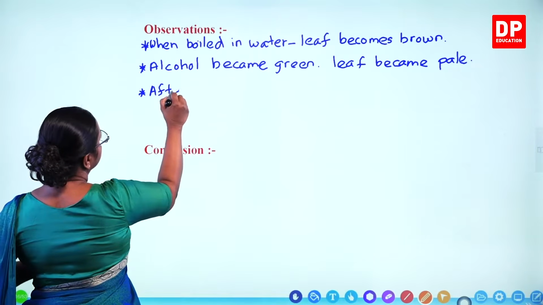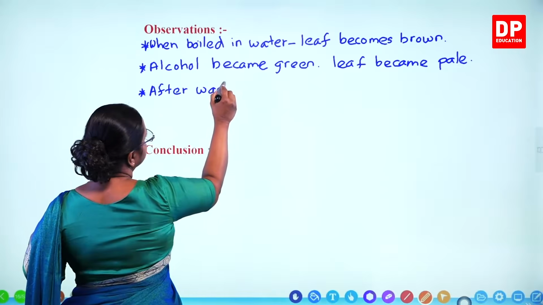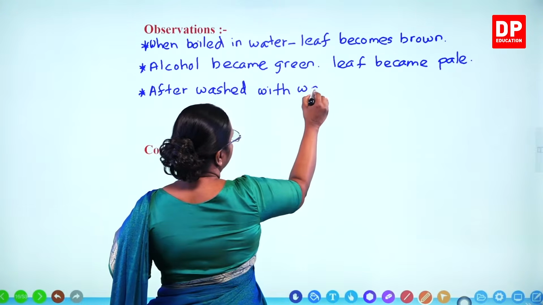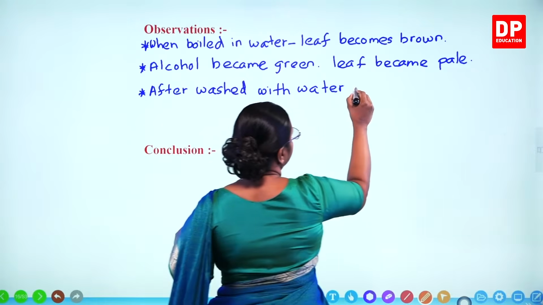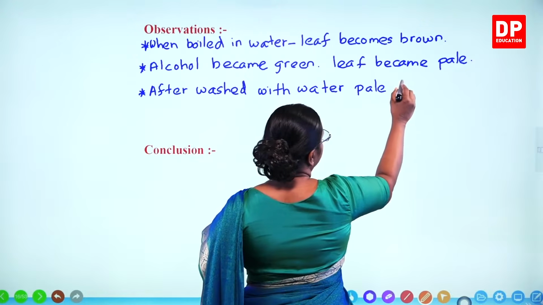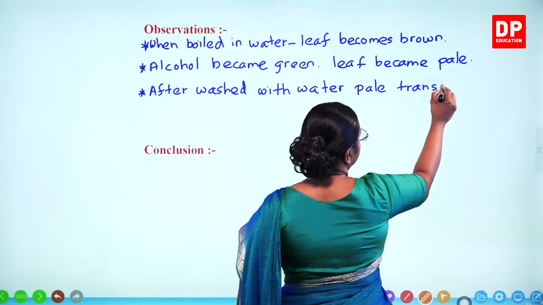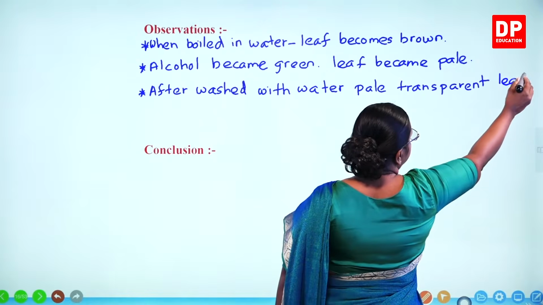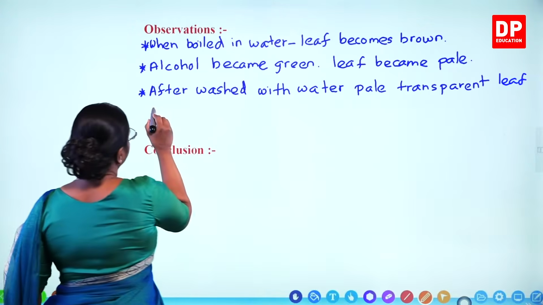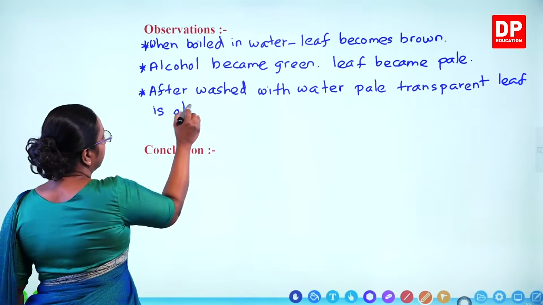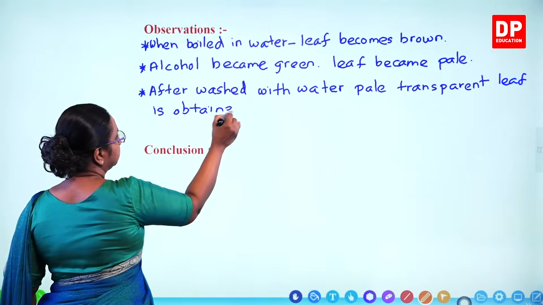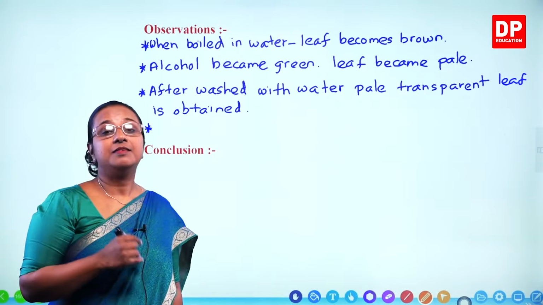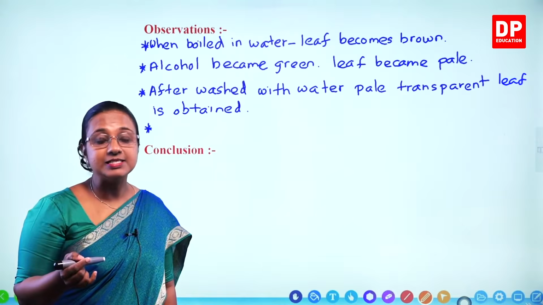After washing with water, a pale, transparent leaf is obtained. After that, what did we do? We tested with iodine solution.